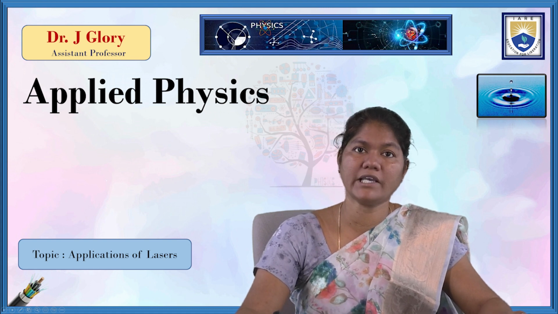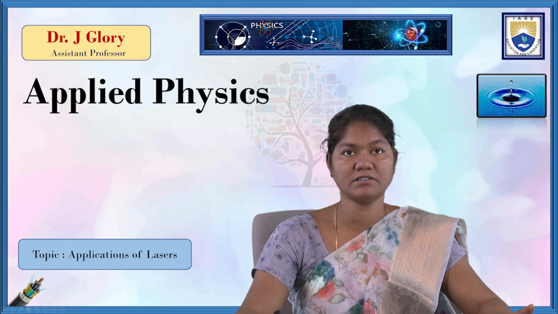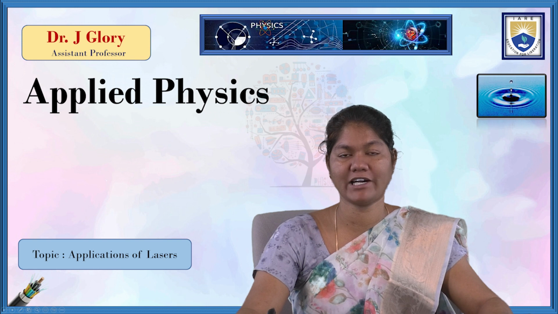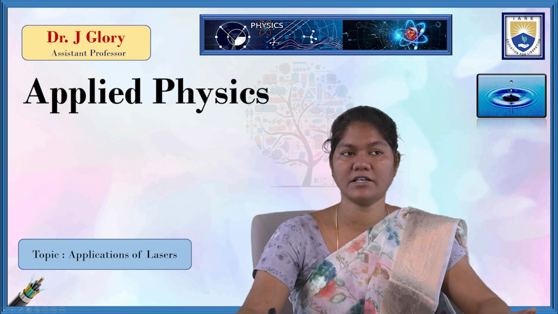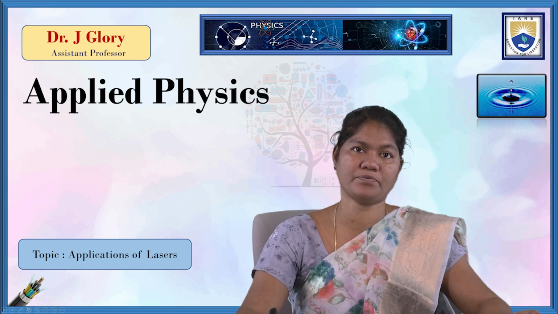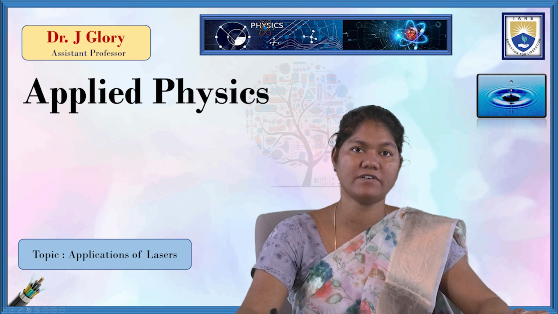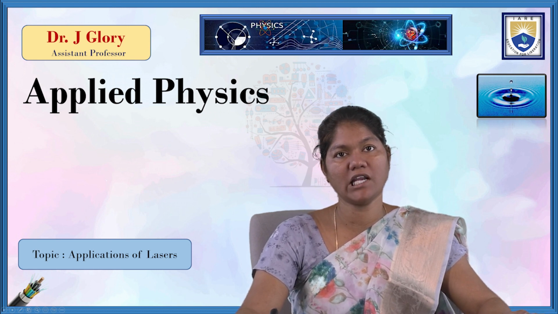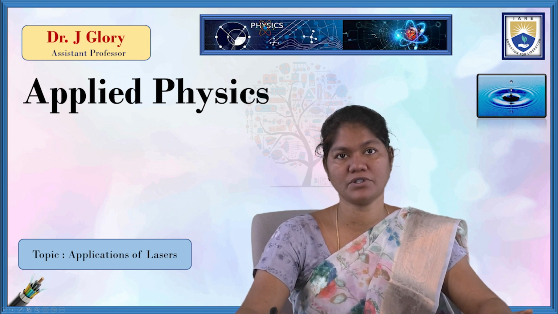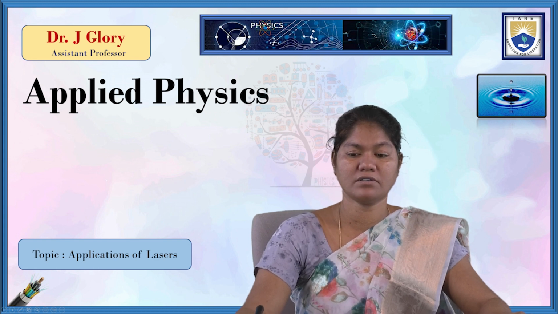In that energy level diagram, there are four energy levels. Helium and neon are taken in a 10 to 1 ratio.